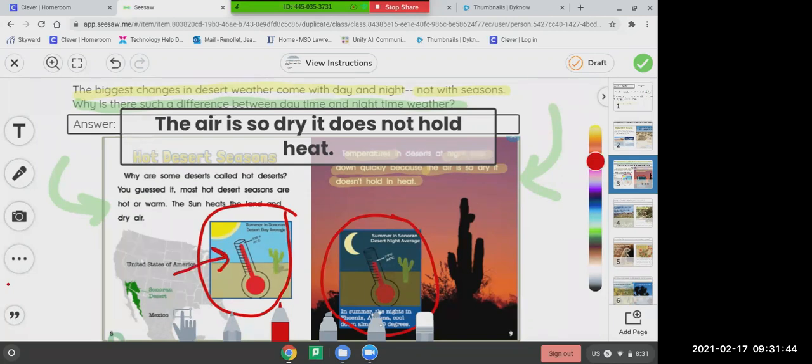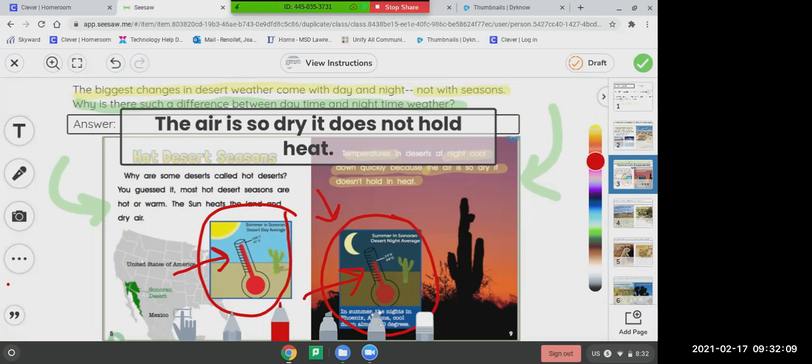It is very hot in the day. But then at nighttime, when it is dark outside, I notice the thermometer is going down. That means it's getting colder. Text features help the reader. I notice that these are helping me understand this text today.